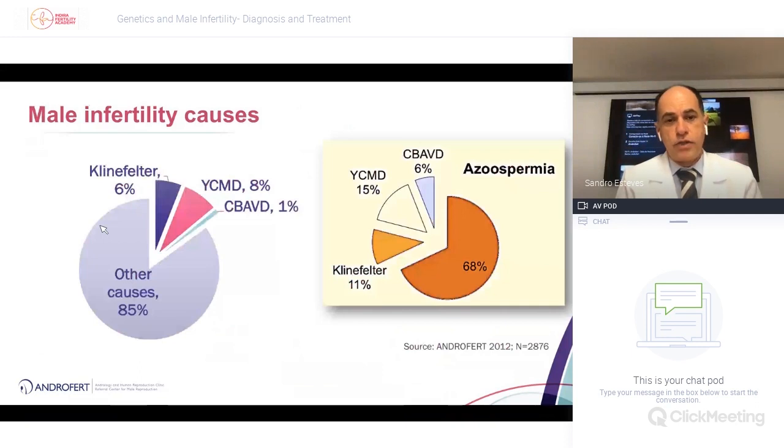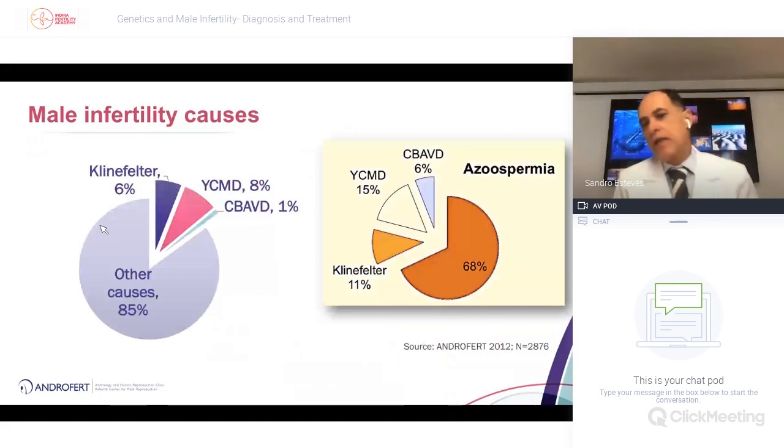This is according to the data from our center, which is a referral center for male infertility. Obviously, we need to understand that, being a referral center, the incidence of these conditions is higher due to the nature of our center.